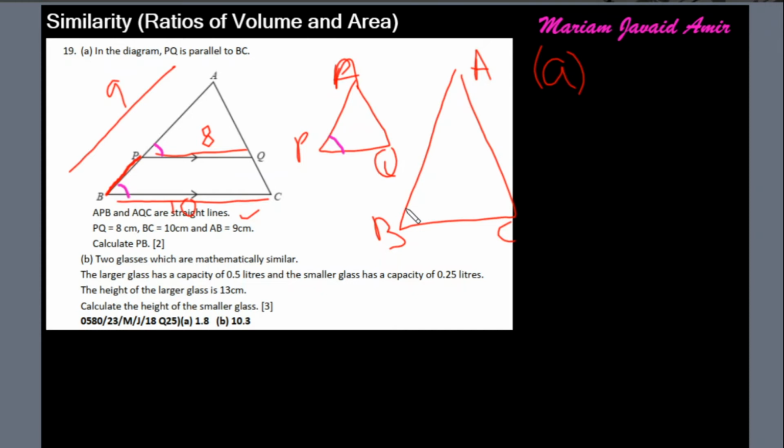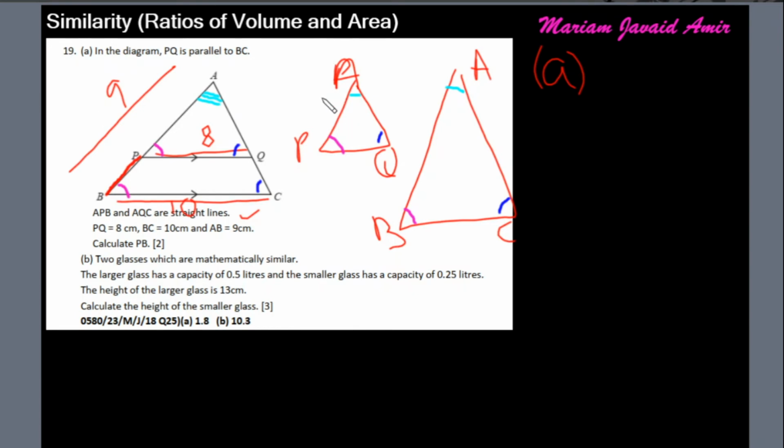Then this angle is again corresponding to this angle. So these two angles are the same, and the third angle A is automatically the same, and also it's the shared angle between the two triangles. So these two triangles are similar.